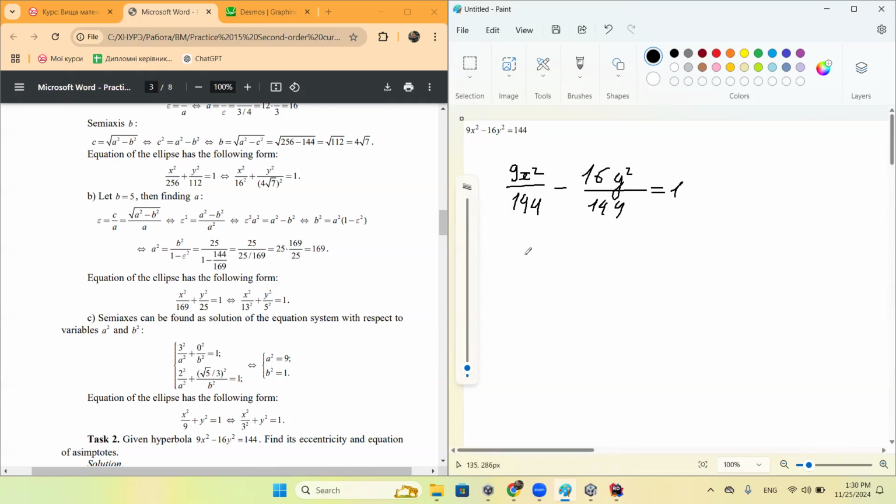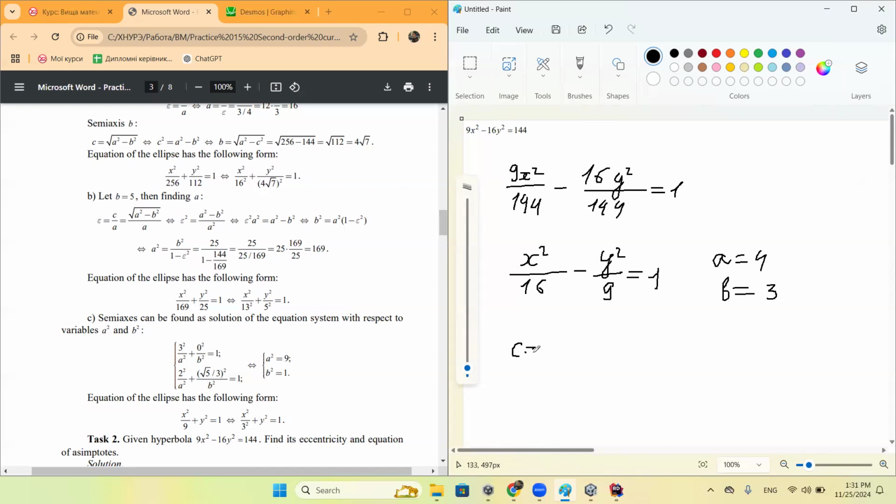And finally, if we reduce everything, x to the power of 2 by 16 minus y to the power of 2 by 9 equals 1. So a equals 4 and b equals, oh, not 9, but 3. So we need to find the eccentricity. So first of all, we need to find the coordinates of the foci.